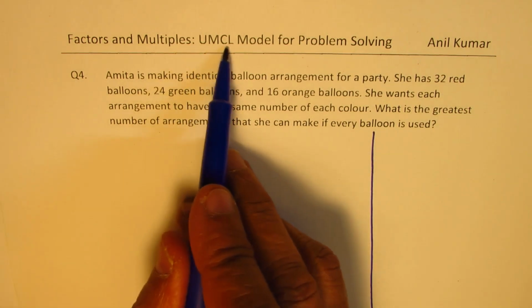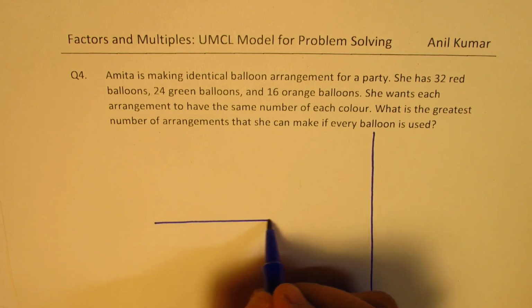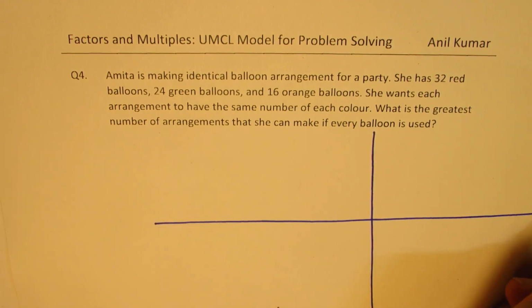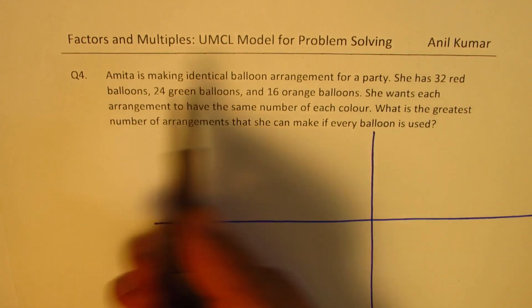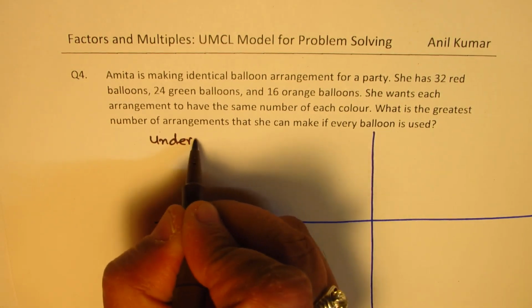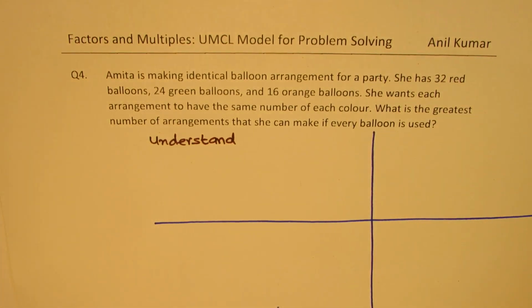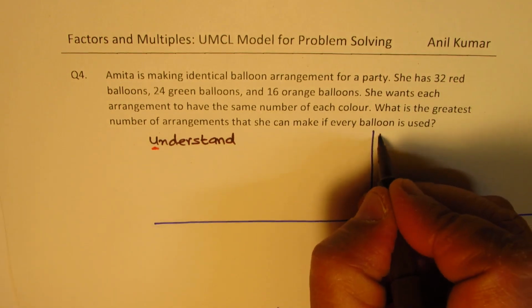We're talking about the UMCL model, in which the first step is to understand what the question is. That is what U means. And then we'll make a plan.